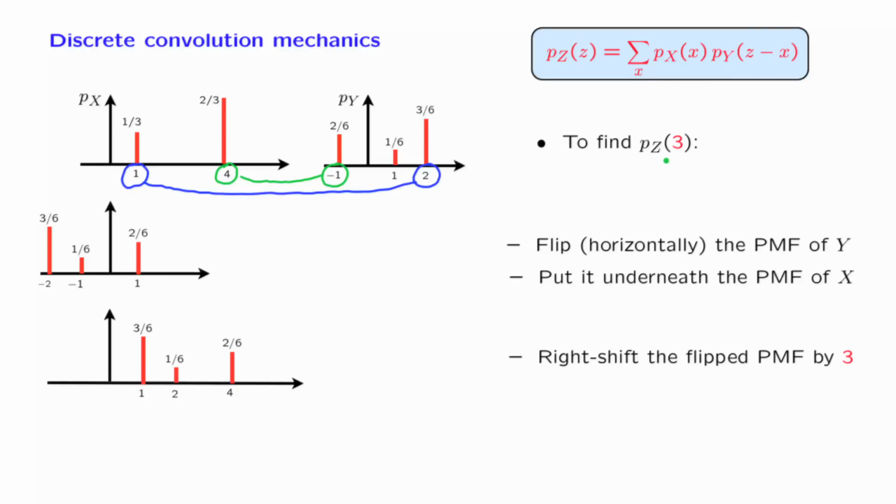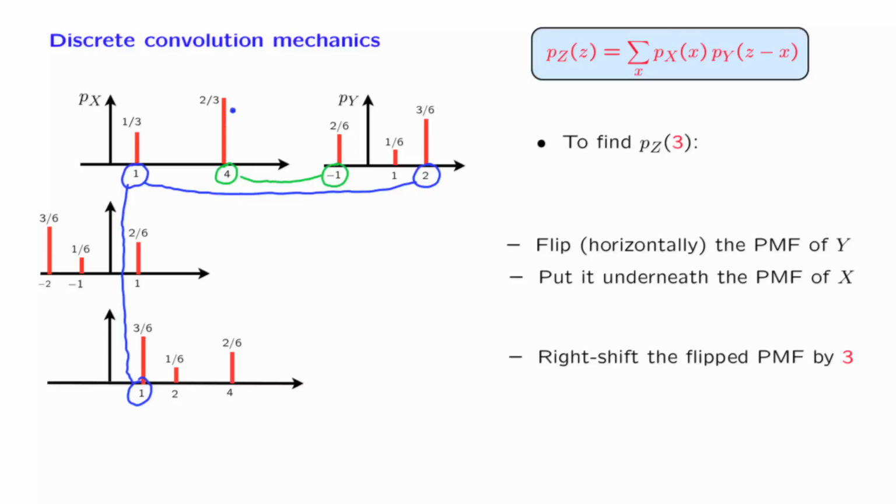So what have we accomplished by these two transformations? Well, the term that had probability 3/6 and which was to be multiplied with the probability 1/3 on that side, now this 3/6 sits here. So we have this correspondence and we need to multiply 1/3 by 3/6.